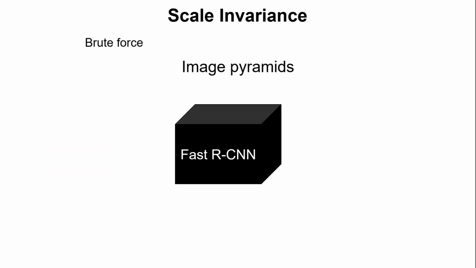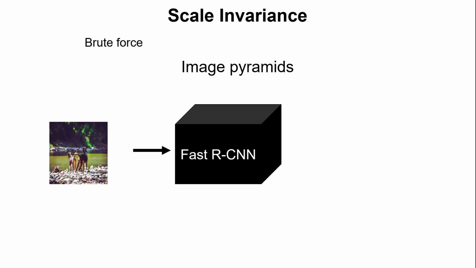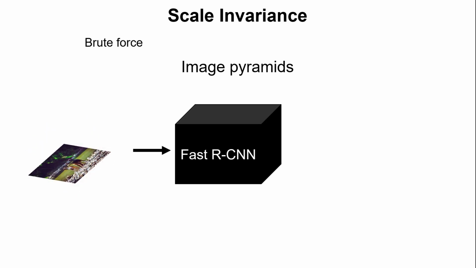The other method, which is image pyramids, modifies our input before passing it through the model. We replicate like 4 versions of the input in different sizes, and we can see some kind of pyramid here, and that's probably why they call it image pyramids.